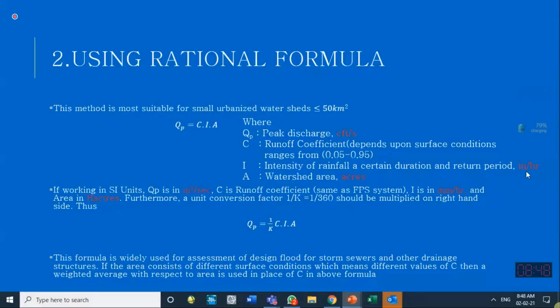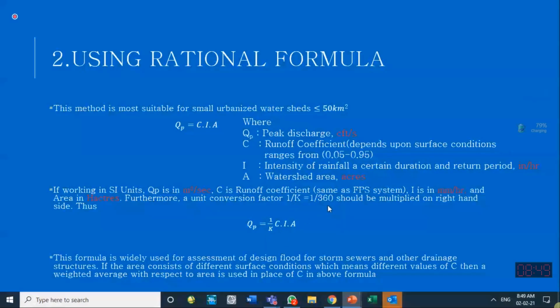So if intensity is in inch per hour and area is in acres, then this peak discharge will be calculated by this formula, Q equals CIA. But if we are using the SI system and area is in hectares, intensity of the rainfall is in millimeter per hour, and discharge will be calculated in cubic meter per second, also called cumecs, then we have to multiply this CIA with a factor 1 over k, that is 1 over 360.